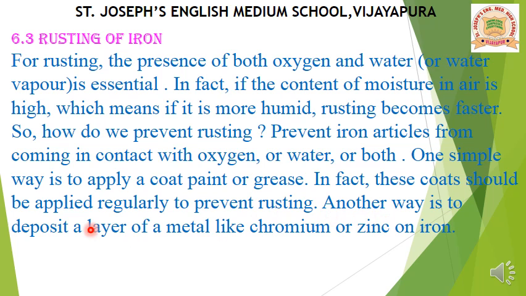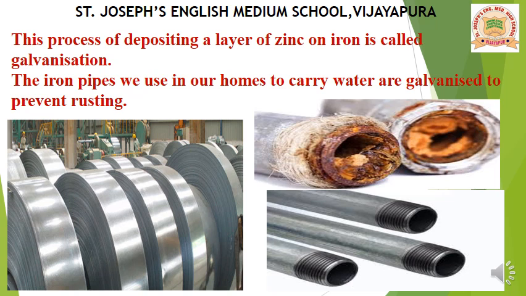Another way is to deposit a layer of a metal like chromium or zinc on iron. A layer of chromium or zinc is deposited on the iron to prevent rusting. The process of depositing a layer of zinc on iron is called galvanization.